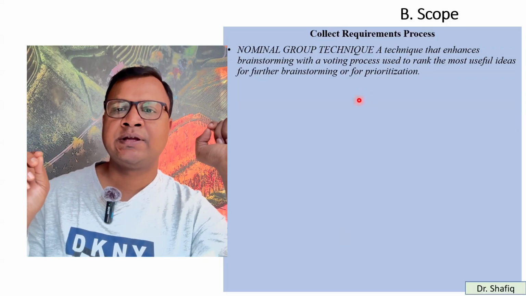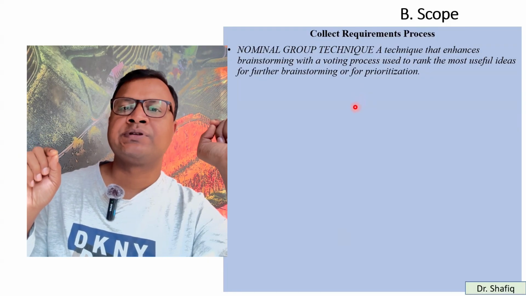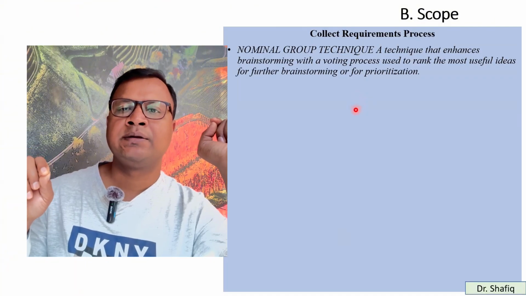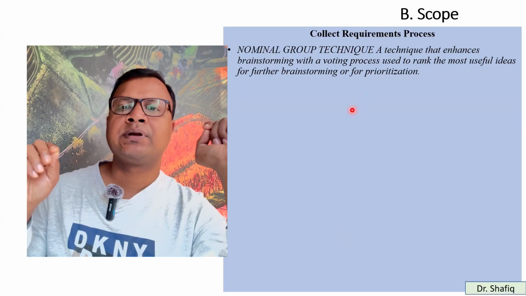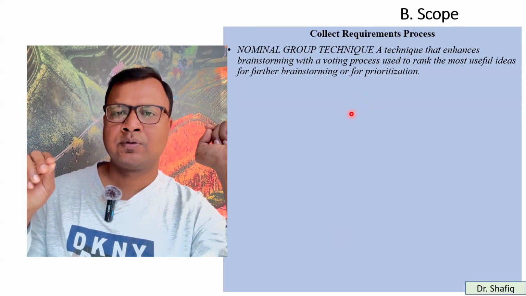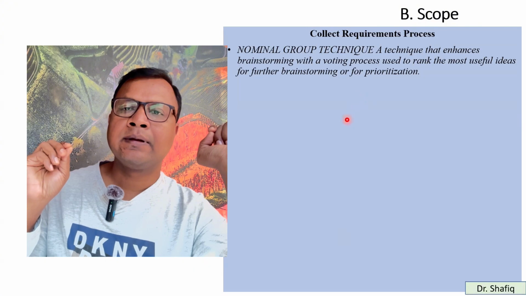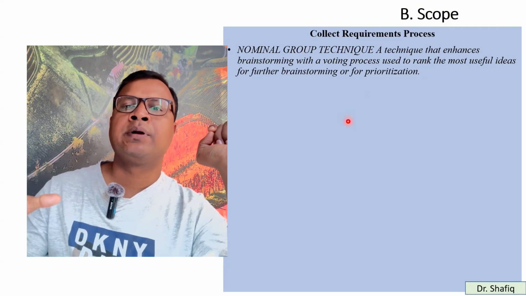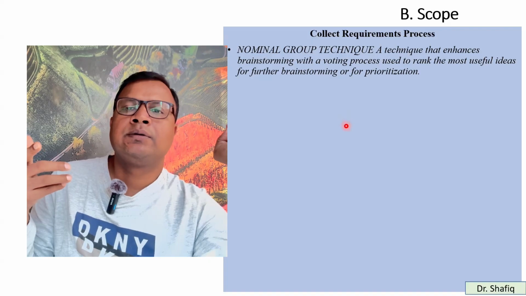For example, we are going to set up a waste management plan in Dhaka Hatirjheel area. So there will be different opinions from different people. If we ask openly, everyone will tell, so which one should I take?